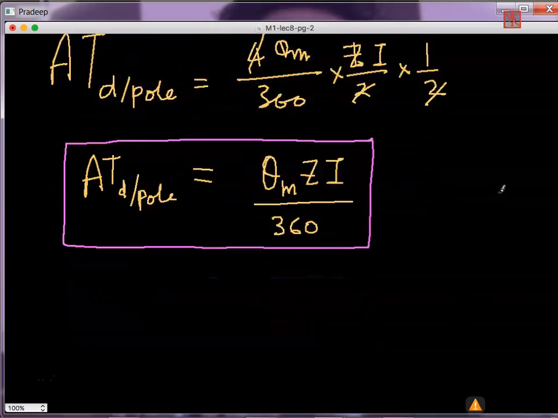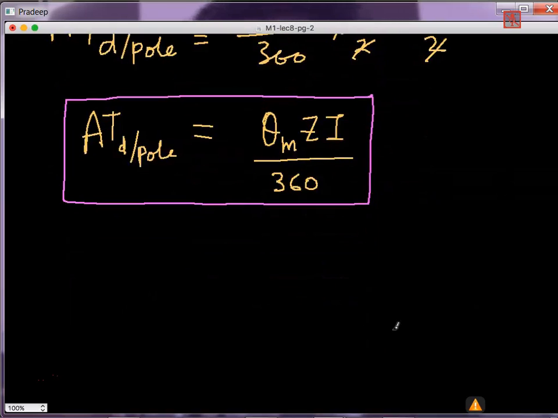Now, how to calculate ampere turns causing cross magnetization?